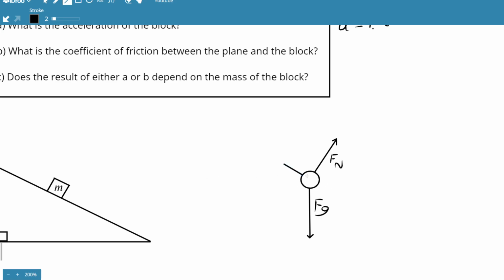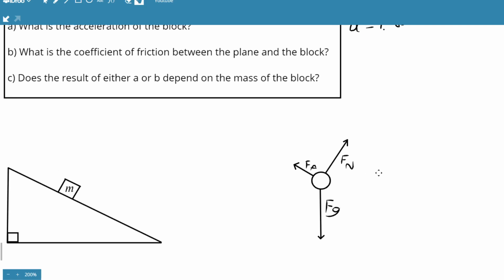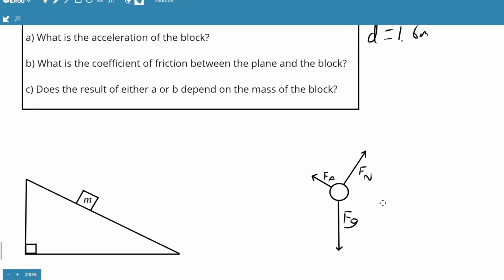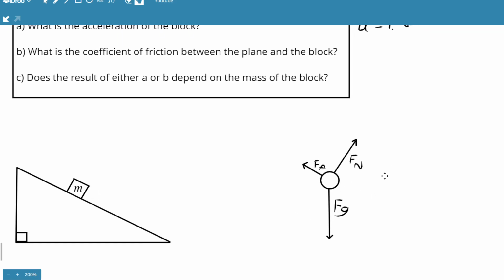And it's opposite of the direction it's going, so it has to point up the incline. Ff. So these are all the forces we have on this object.